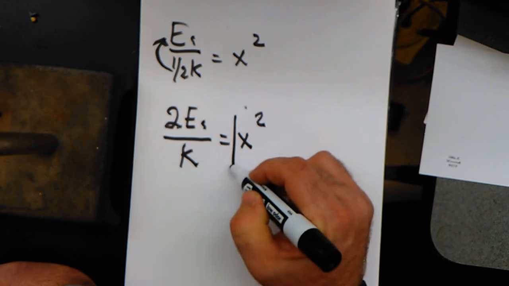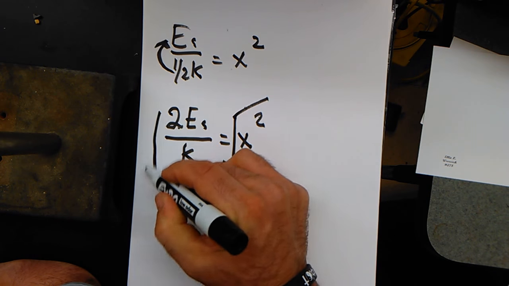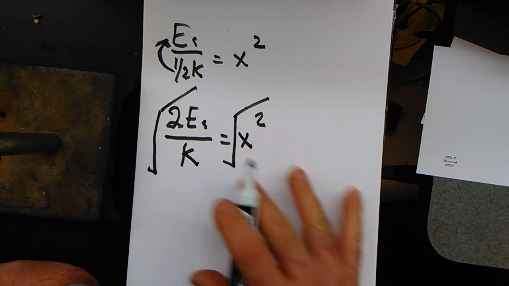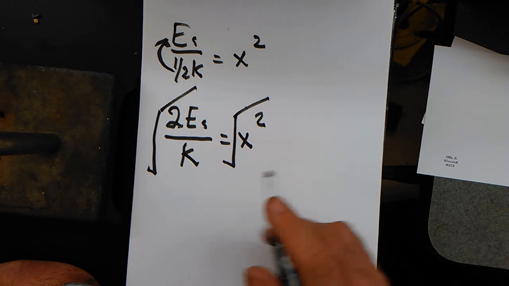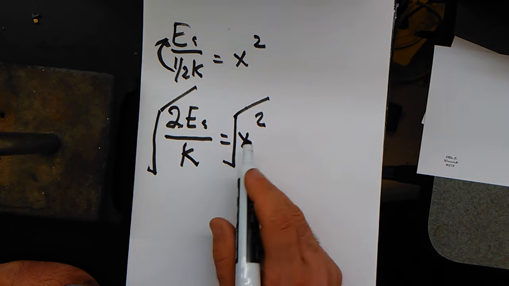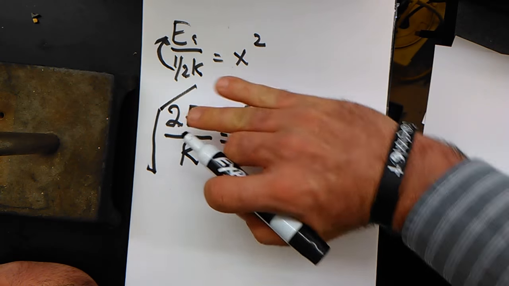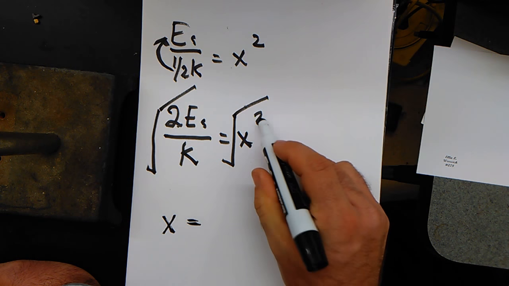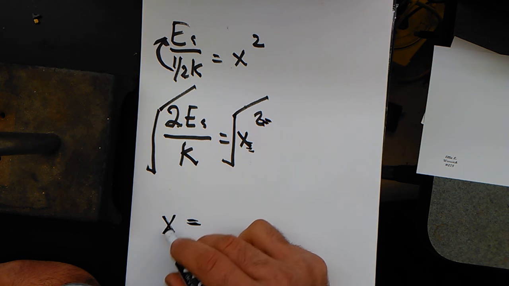Now to get rid of the square, I have to square root both sides. And here's where it matters, guys. I'm going to get you a formula here. By the way, I can flip this around a little bit so I have x equaling something. The square root of x squared is x.